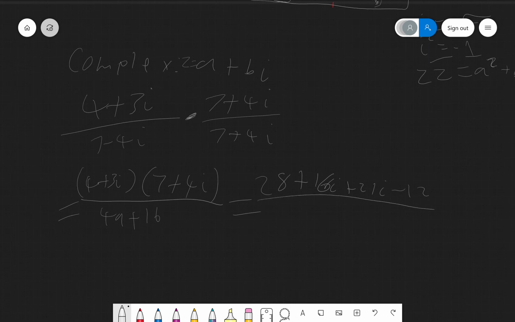Over 49 plus 16, that's 65. Yeah, 65, good. So now the top we can simplify even more, and that becomes 16 plus 37i over 65, and that's our answer. But we like to write it in the complex notation, which is 16 over 65 plus 37 over 65 i, like that.